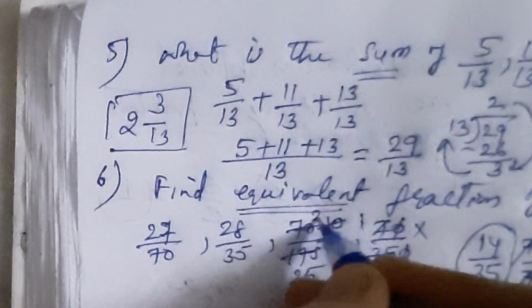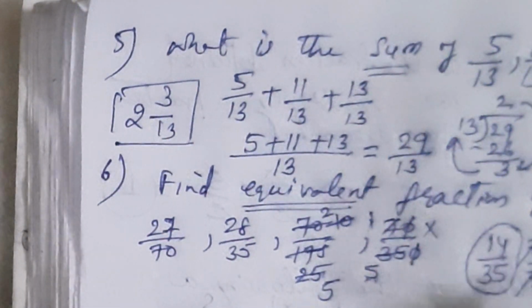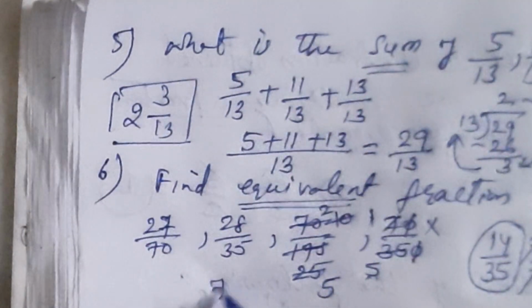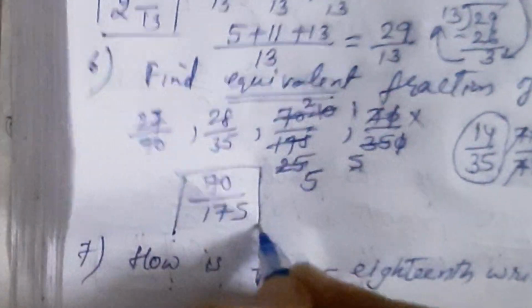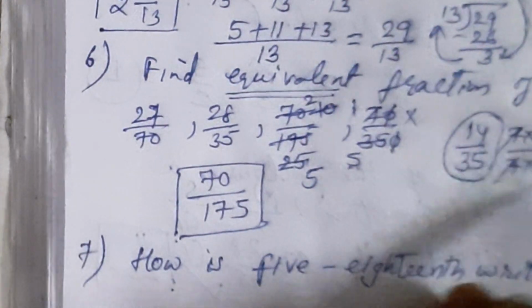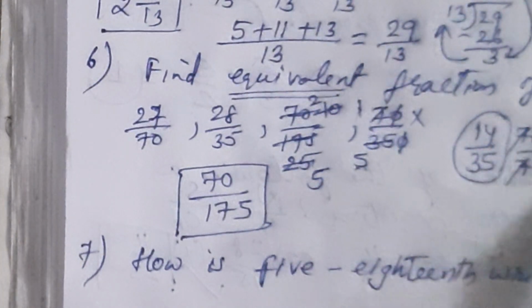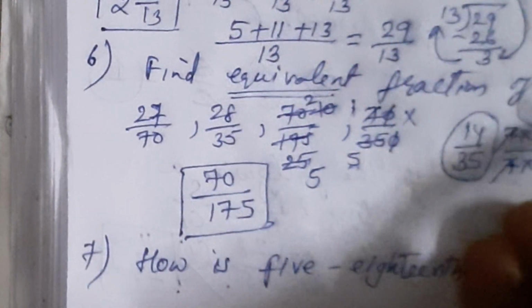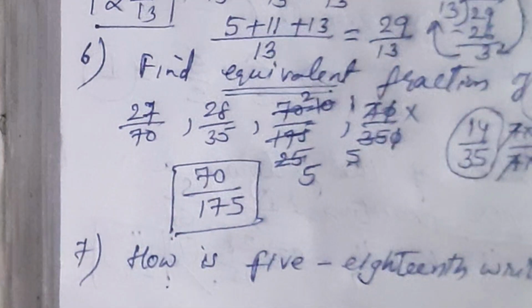Now 5 twos are 10, 5 fives are 25, which gives 2 by 5, same as before. So the correct answer is 70 upon 175. When we reduce this fraction, we get 2 by 5. So we can say that 14 upon 35 is equivalent to 70 upon 175.